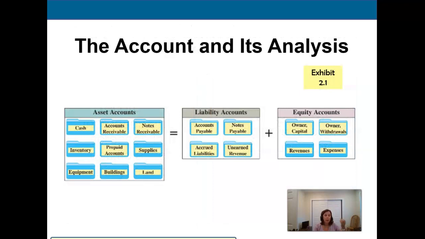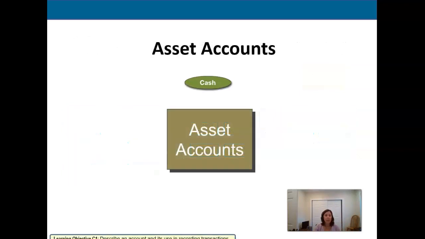As you can hopefully recall from our last chapter, we have this accounting equation that we have to keep in mind. We have assets equal liabilities plus equity. And this slide does a really nice job of giving you some concrete examples of what you're going to find in these various areas.